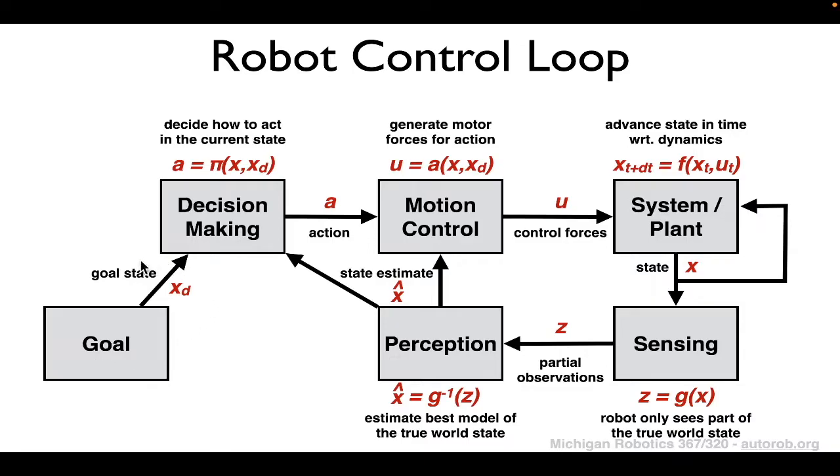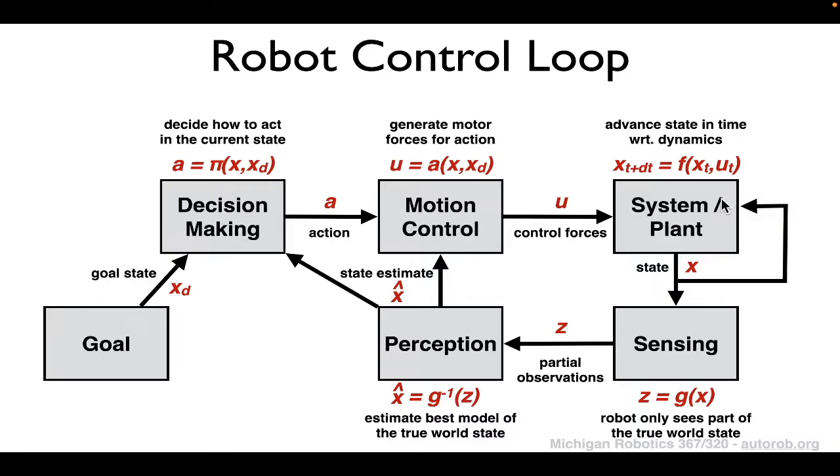Once the goal state has been given to our robot, we have some decision-making process that's going to produce a policy, pi, which decides what action we would need to take to move from our current state x to this desired state x sub d. That higher level decision is then passed to our motion controller, which produces a control force as output that the actual robotic hardware should actuate in order to move the current state towards that desired state.